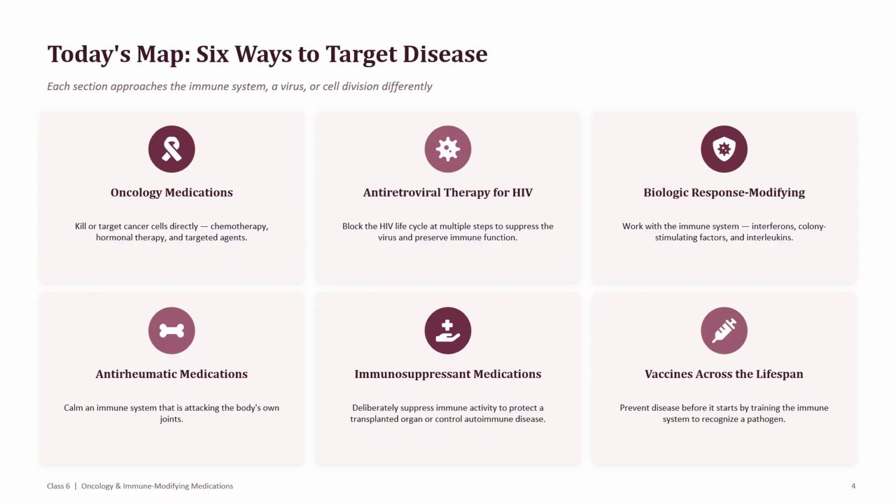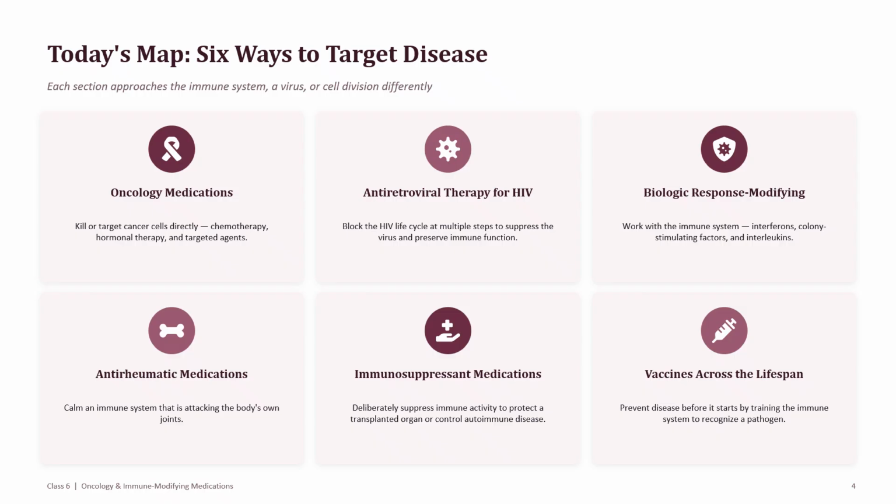And so within those first 5, you want to ask yourself, is this medication attacking a human cell directly? Is it attacking a virus? Or is it adjusting the immune system? So oncology attacks a human cell. HIV therapy attacks a virus.